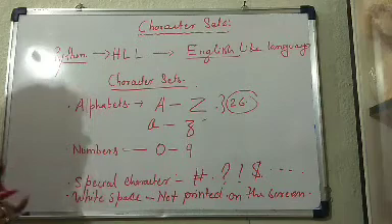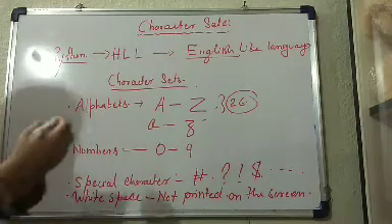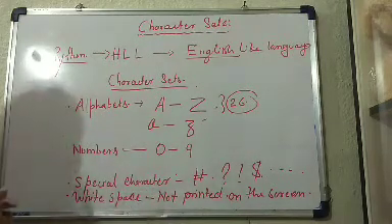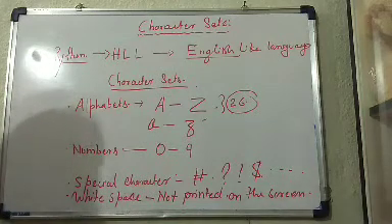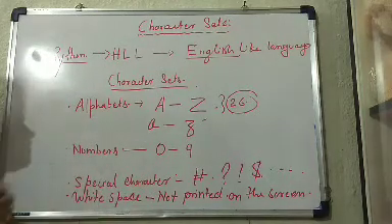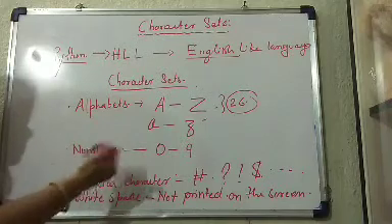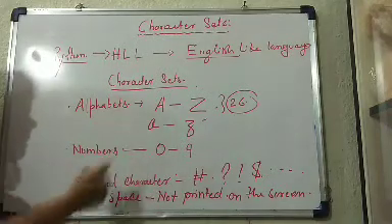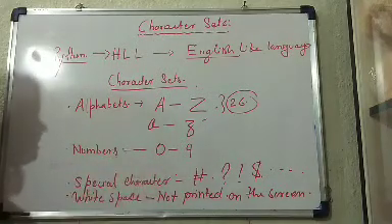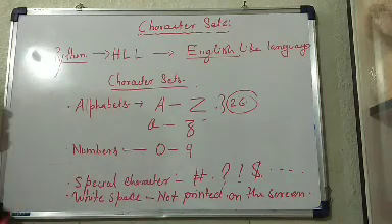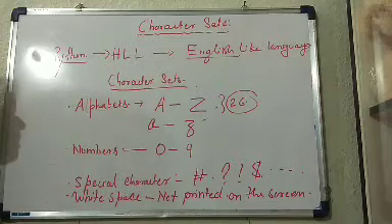You will not have to learn any special symbols. The alphabets, digits 0 to 9, and special characters, whatever is used to write the language, are called the symbols of that language.